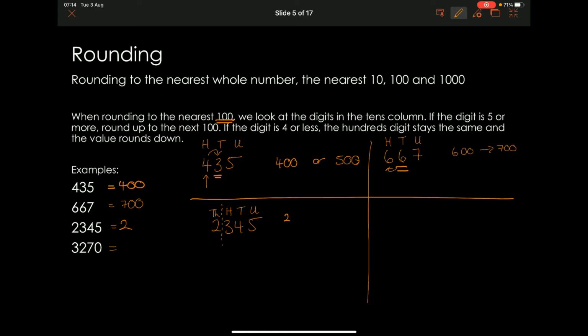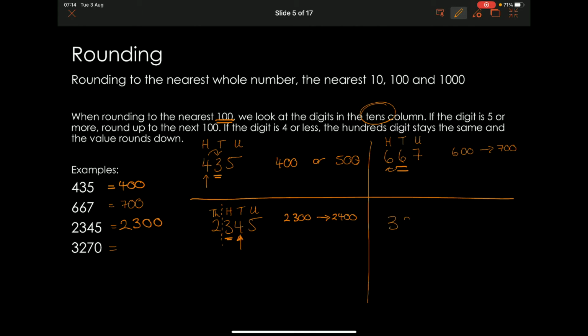Is this closer to 2,300 or 2,400? That's what it's asking you. Remember, we look at the tens column. So the tens column is a 4. Because that's a 4, the hundreds column rounds down, or it stays the same. So we just keep the 3 as it is. So it's 2,300. The rest becomes zeros.